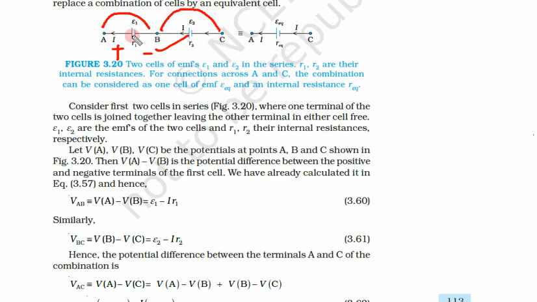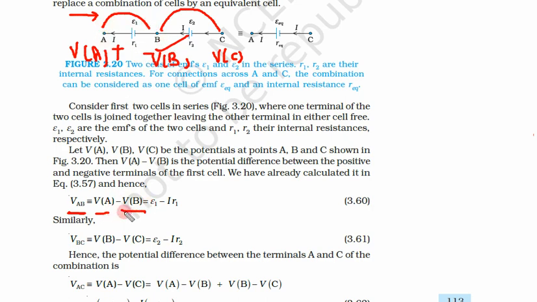So let us see what the potential drop is for the first one, VAB. The potential at this point is VA, at this point VB, and at this point VC. So the potential drop across VAB, the first potential drop, is VA minus VB. This is for the first cell.